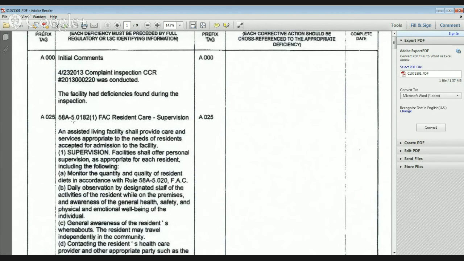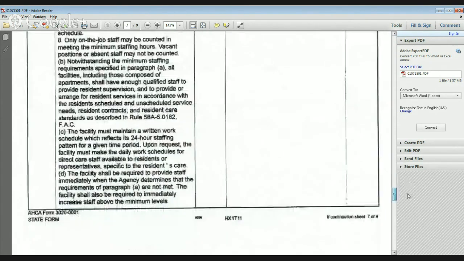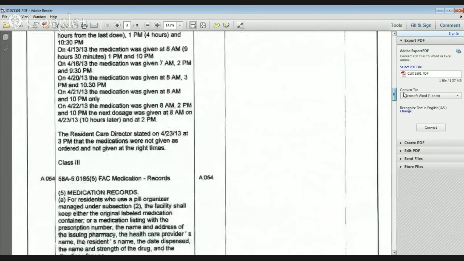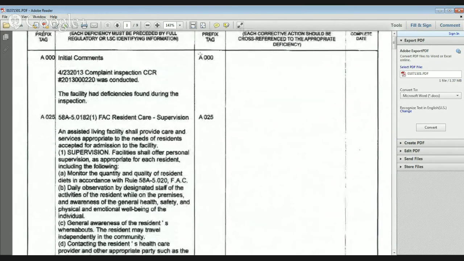Because it doesn't state that. It just says they found deficiencies. So I can't see somebody complaining about maybe the staffing. Possibly, or somebody complaining about the medication. I guess, yeah. I guess if a family member had medication scheduled at certain times. You never know.